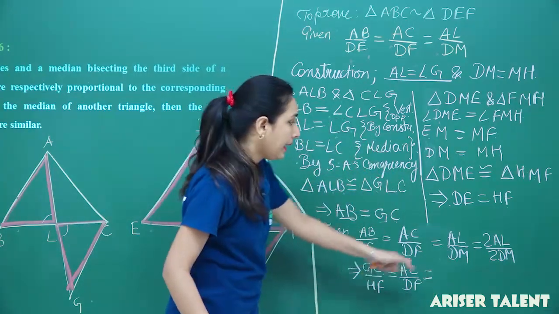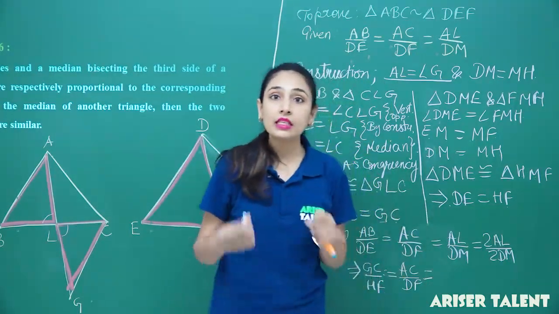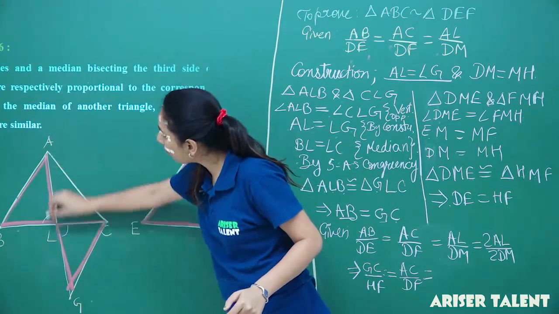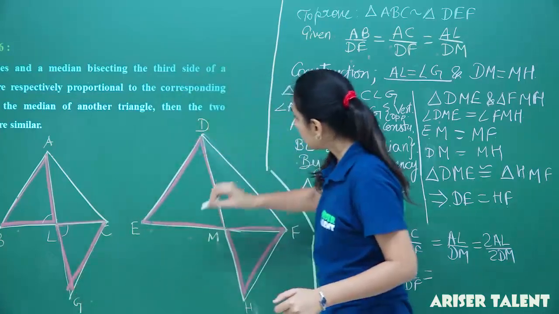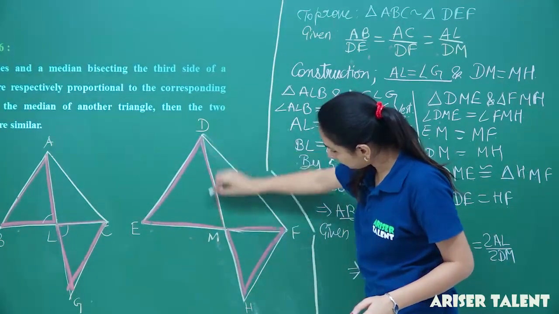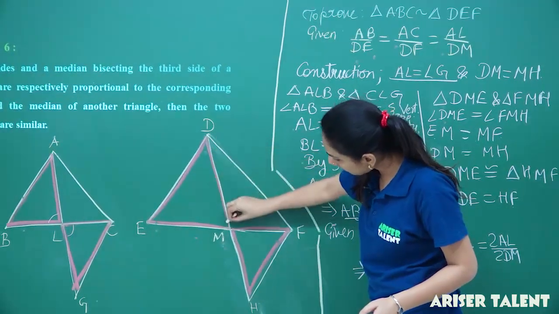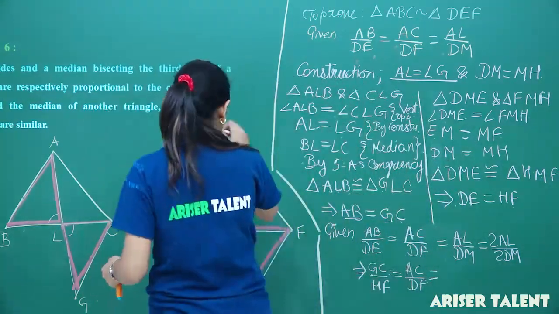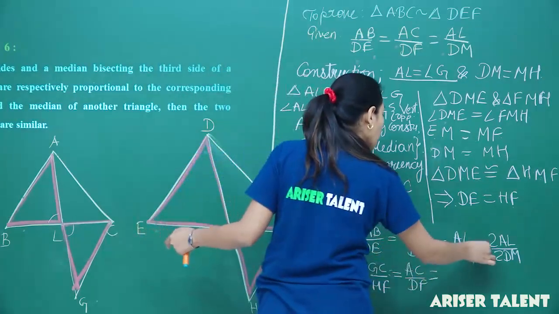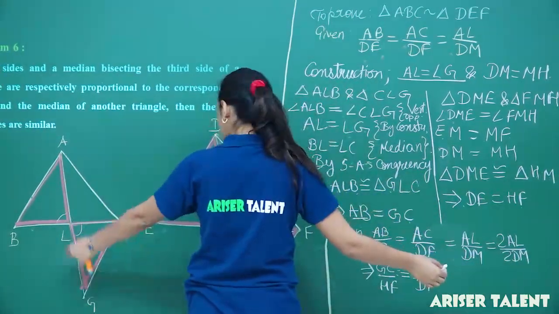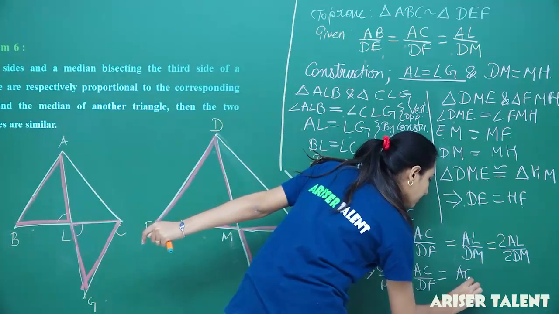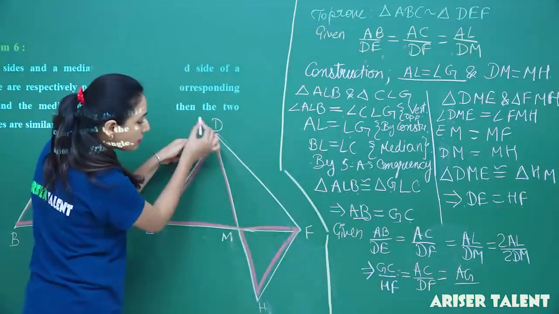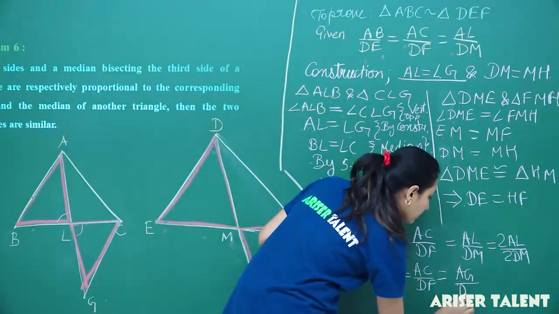Now 2AL by 2DM. Let's see what 2AL is: AL and this is also AL, so 2AL will become AG. Similarly 2DM will become DM plus HM, that will become DH. So it will be AG and DH. So 2AL can be written as AG and 2DM can be written as DH.